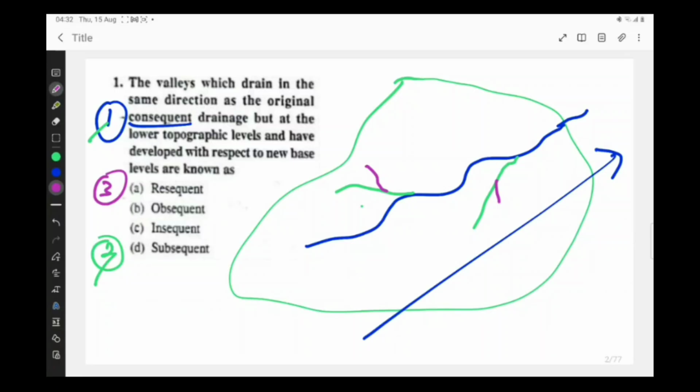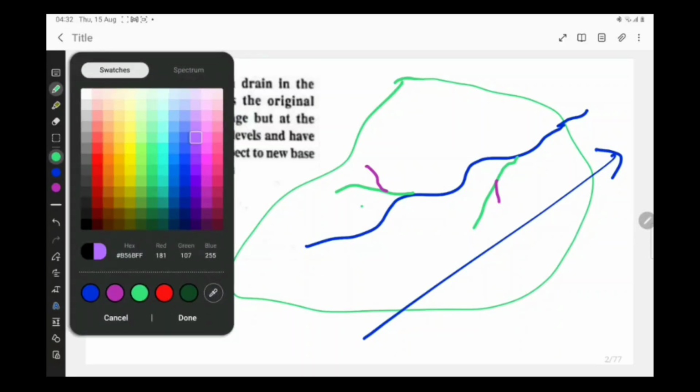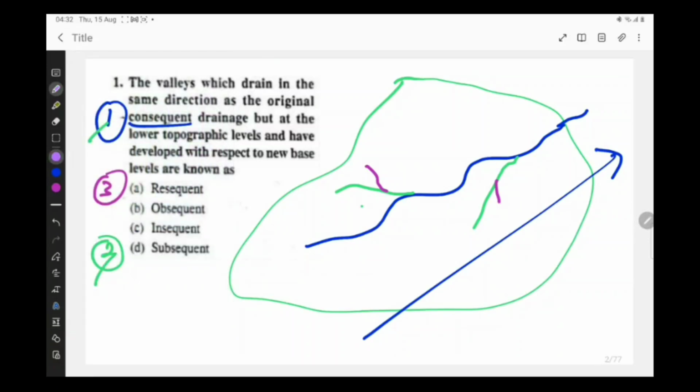Now suppose there are lower order streams which join either the subsequent or the mainstream, but flowing in the opposite direction of the mainstream.